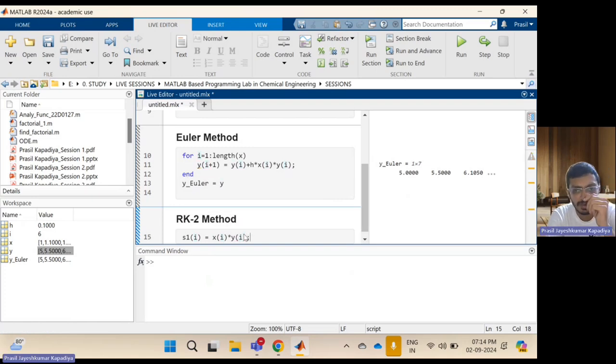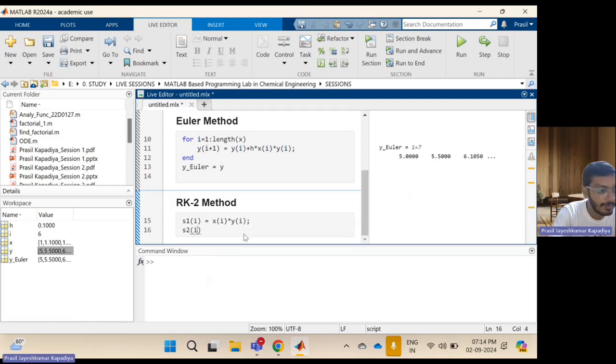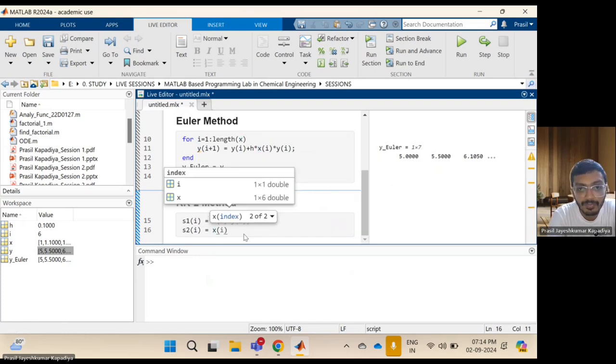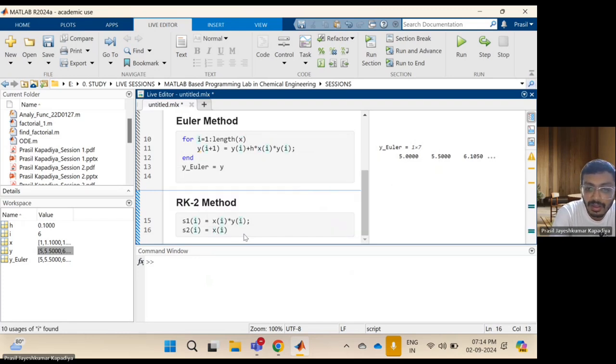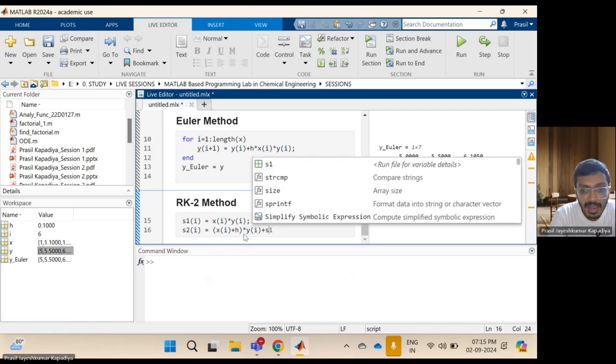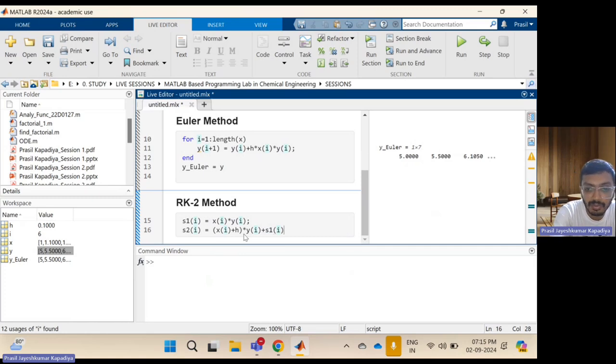This is my S1, and my S2 is equal to f of x of I plus h, y of I plus S1 of I into h.